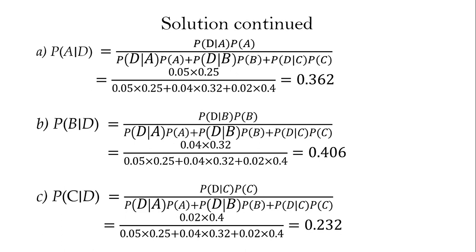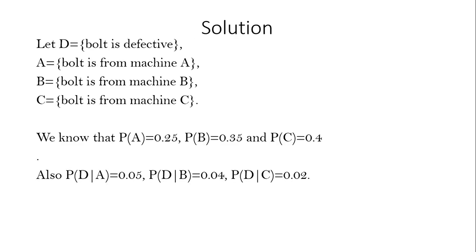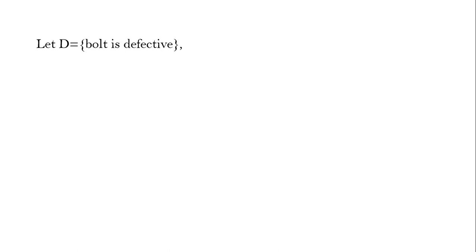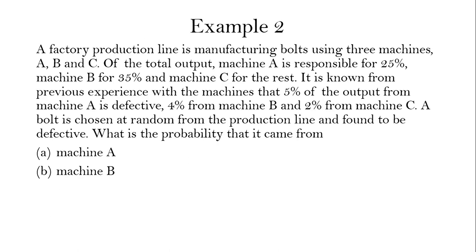So as I told you, the defining point is our interpretation of these events. If we cannot do that, we cannot attempt the question. Here is the important line. It is known from previous experience with the machines that 5% of the output from machine A is defective. So this is defective given that it is from machine A, not from machine A given that it is defective.